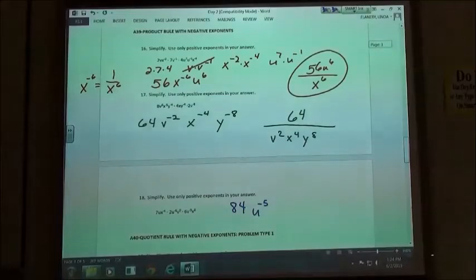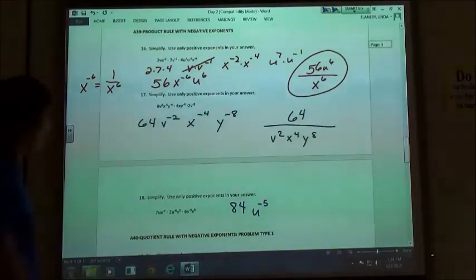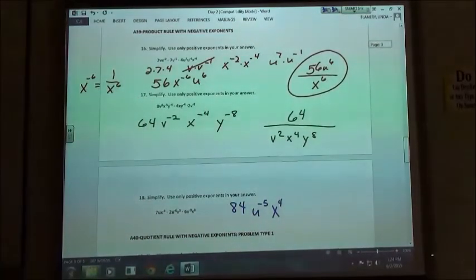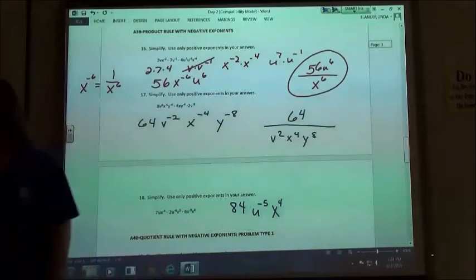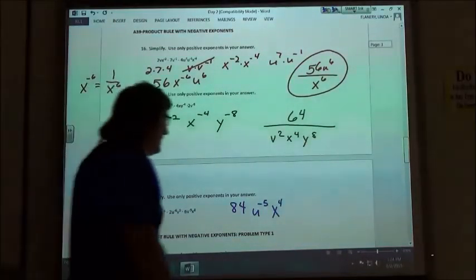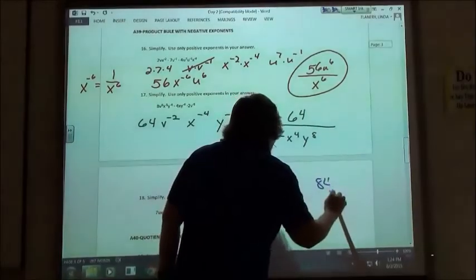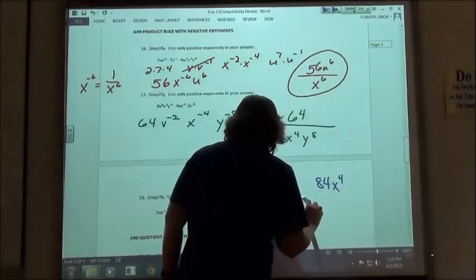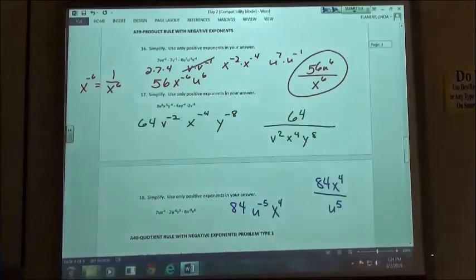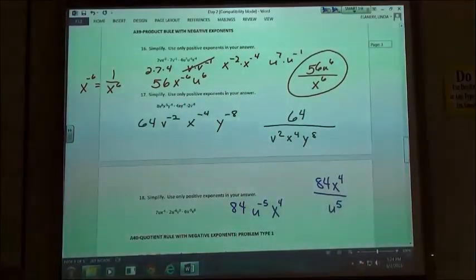X to the 4th, negative 4 plus 8 is positive 4. And v to the 0, which basically cancels out, so I'm not going to write it down. So my answer then would be what? 84x to the 4th over u to the 5th. Then that u to the 5th flips down to the bottom since its exponent was negative.